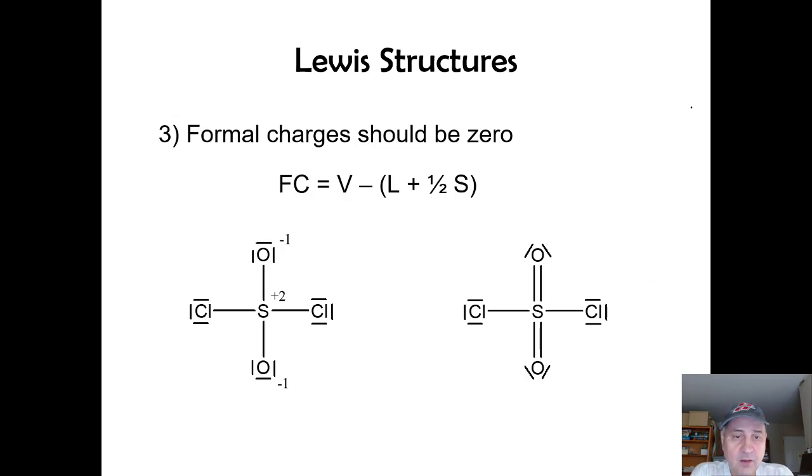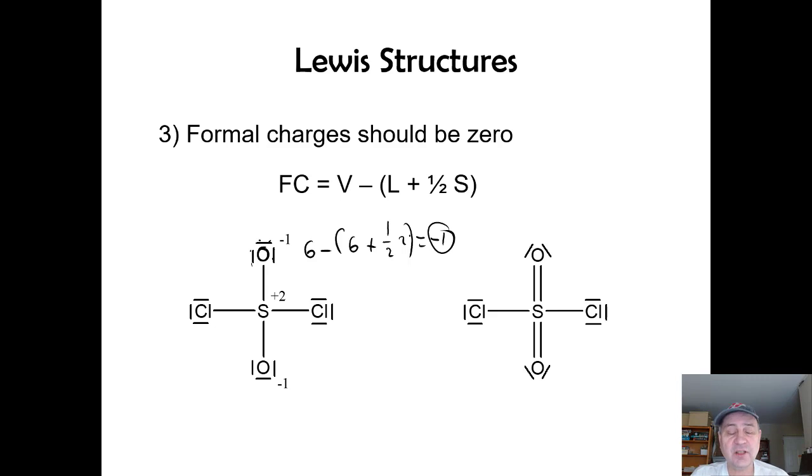However, we do want to reduce the formal charges. Now, the formal charges can be calculated by the valence minus the lone pair electrons plus half of the shared electrons. So this is for each atom, right? Like oxygen here has a valence of 6. It has 6 lone pair electrons, and it has 2 shared electrons, and half of 2 shared electrons gives me an overall -1 charge.